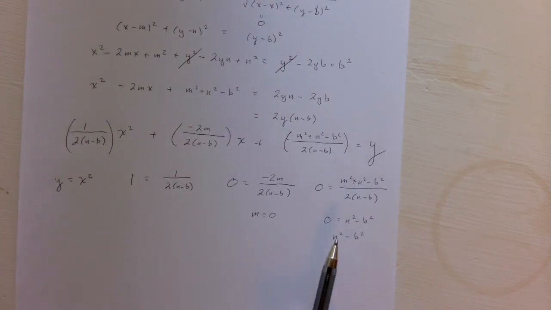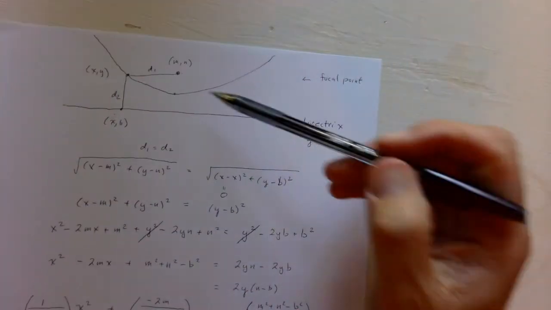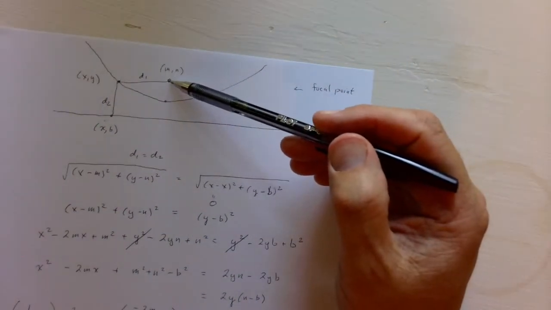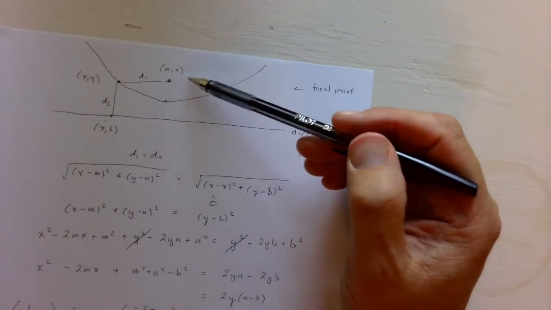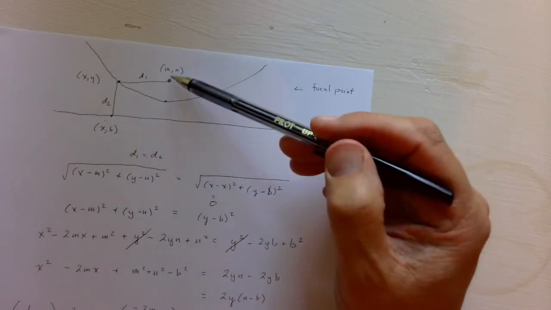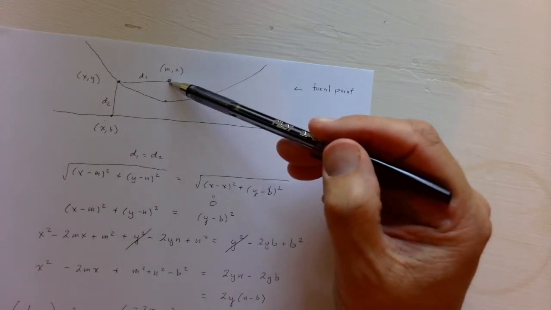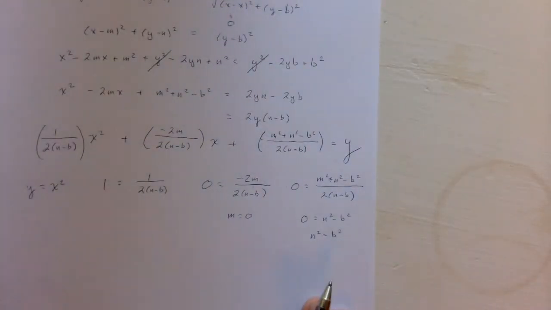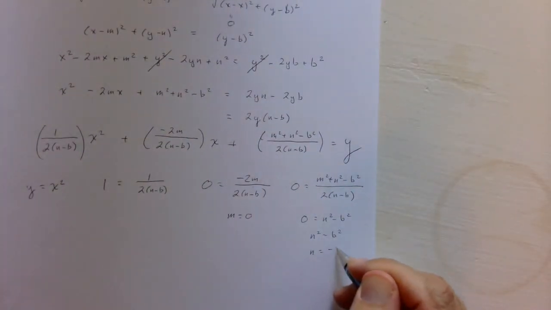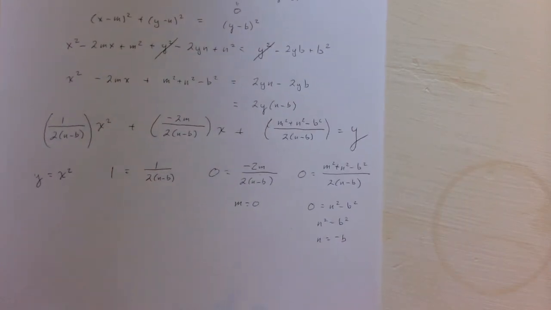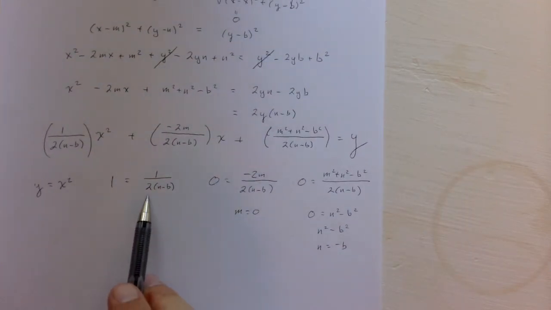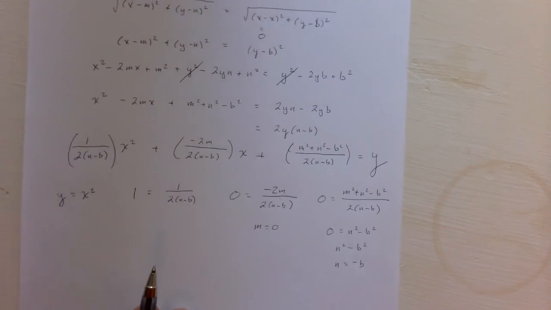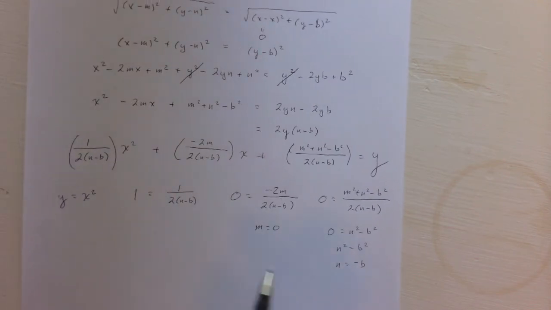We can't have n equaling b, because this point is not on the line. If n equals b, then this point has the same y-coordinate and would be on this line. So n has to be minus b. Then we go back to the first equation and replace n with minus b.